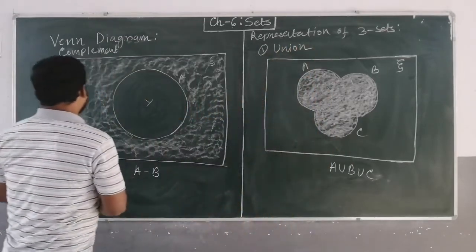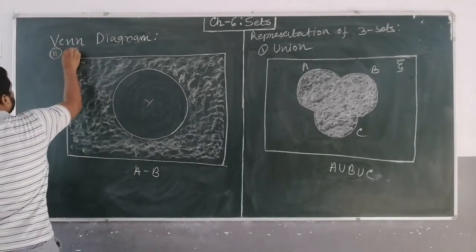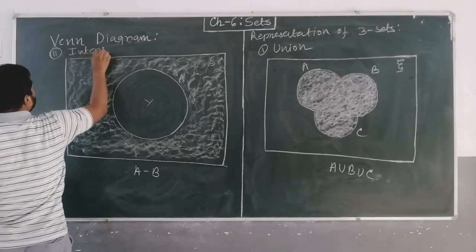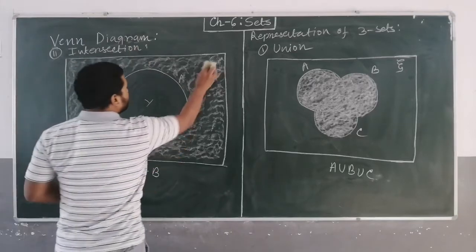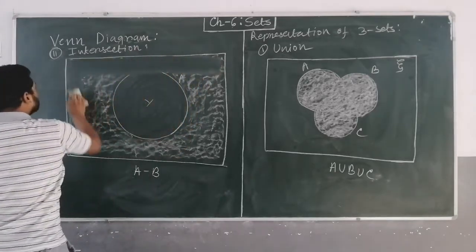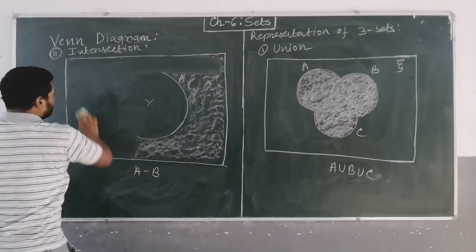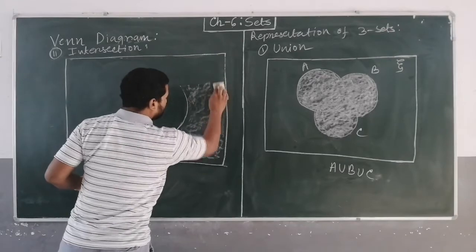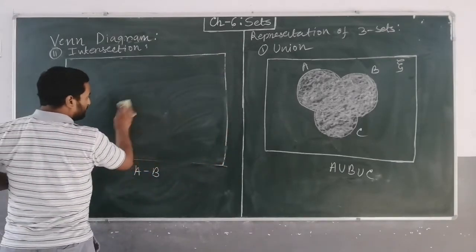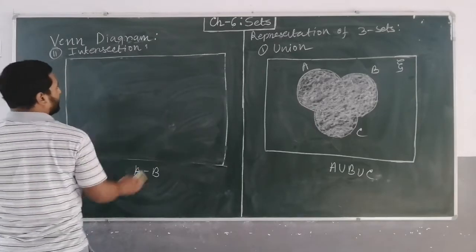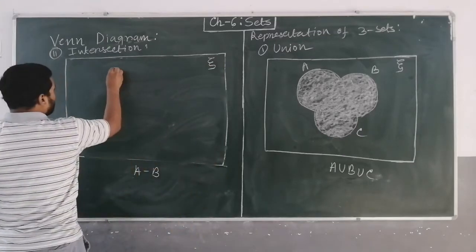Now intersection, how will we represent intersection? So this is the universal set Xi, and three sets are there.